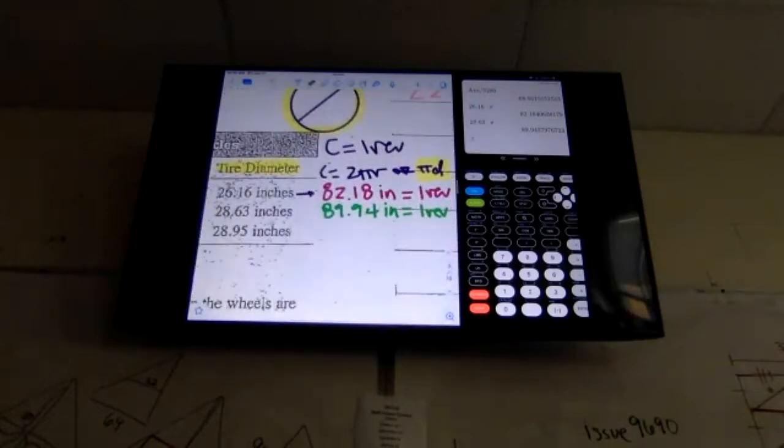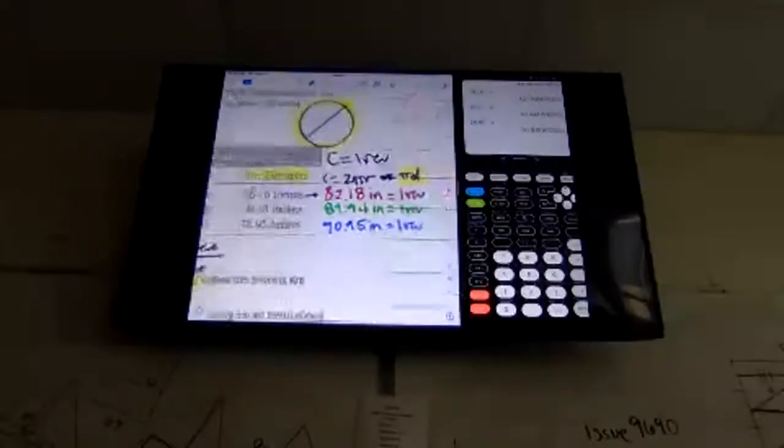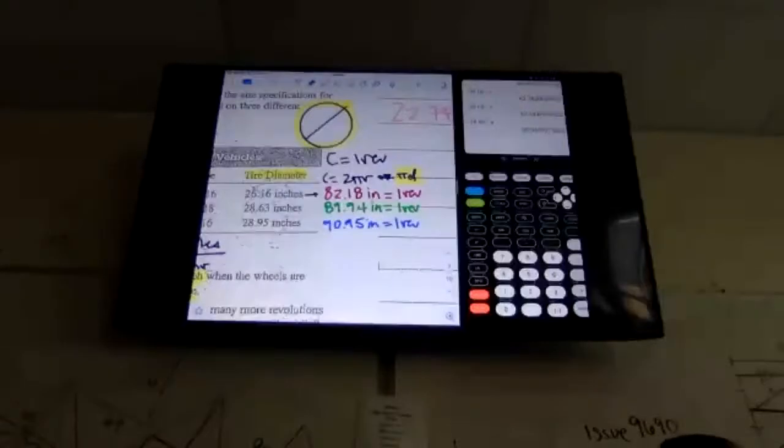And now I'm about to do 28.95 times pi. So 90.95 inches is one revolution.